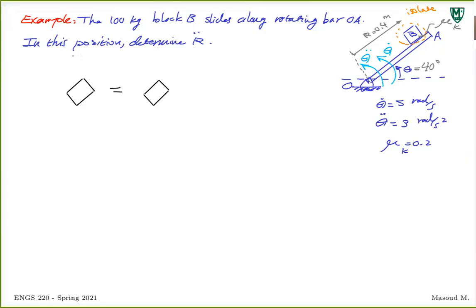So this would be my free body diagram. This would be my kinetic diagram. All right. So let's start the free body diagram and tell me what forces, which direction I have to put there.